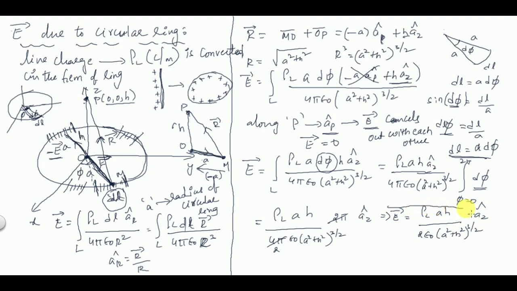Okay, so this is the final formula for electric field intensity due to a circular ring. Here H represents the distance of this line charge from the origin on the Z axis, and A represents the radius of the circular ring.